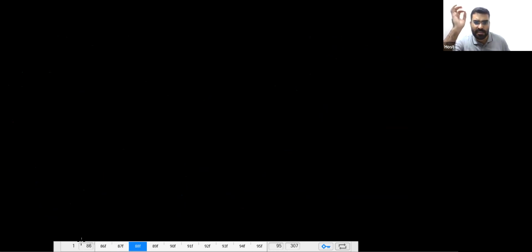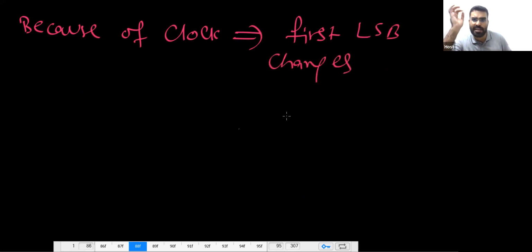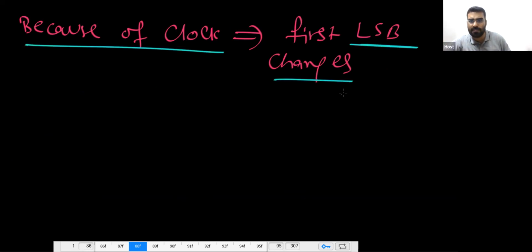First the LSB will change, I can say because of the clock. This LSB changes in every cycle, you know. So because of the clock, this LSB will change.